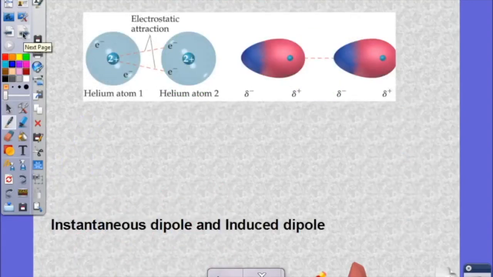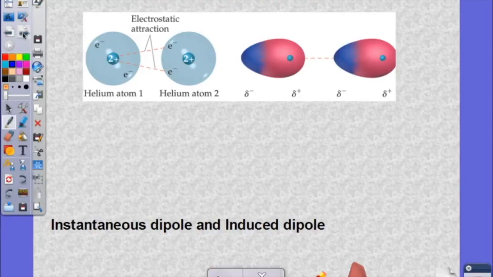This is an example of London dispersion, the weakest force, but that exists in all the others. When you have a non-polar molecule, there should be no attraction between them. But on occasion, some of the electrons on one atom can go on one side of the atom and get attracted by the protons of the other one. So this is a weak attraction between them.